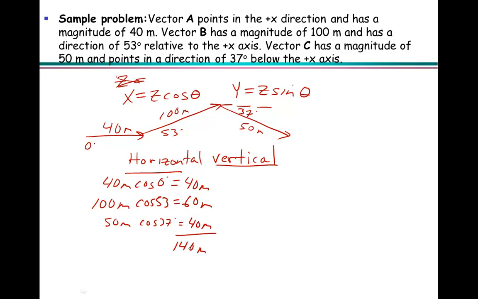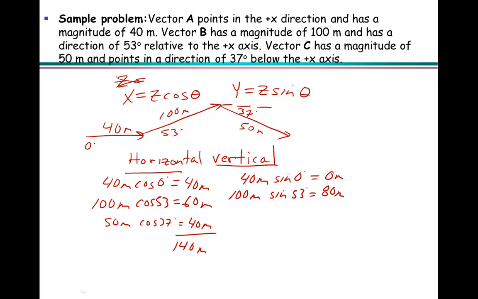So that's our next step: we add up all the horizontals. Then we do the same thing in the vertical. We take 40 meters and multiply it times the sine of 0 degrees. Since the sine of 0 is 0, we get 0 meters there. Then 100 meters times the sine of 53 degrees gives us 80 meters. And because this final value is going to be negative, let's look at why.